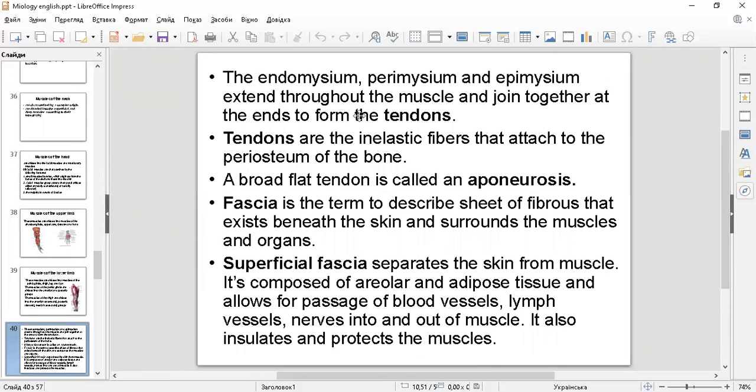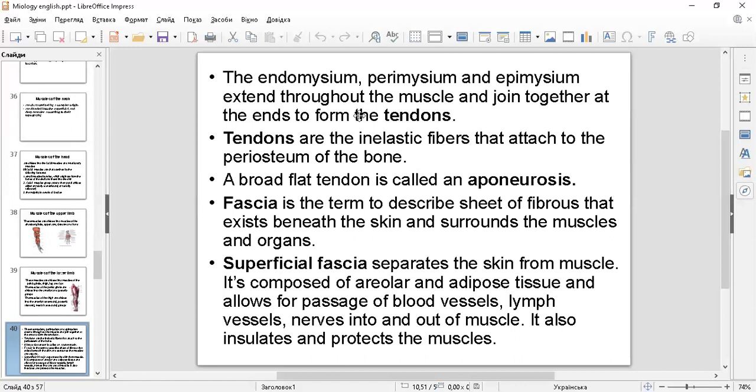The endomysium, perimysium, and epimysium extend through the muscle and join together at the ends to form the tendons. Tendons are the inelastic fibers that attach to the periosteum of the bone.